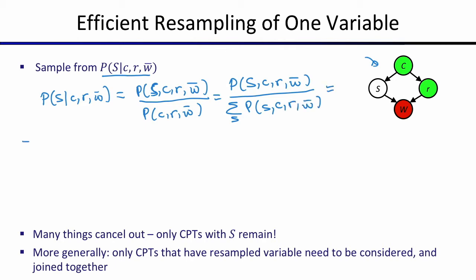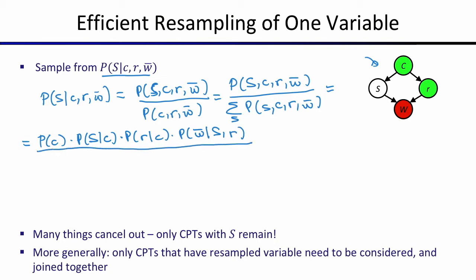We now are in position to expand this according to the chain rule of the Bayesian network. So we know that it is going to be the probability of the little c times the probability of the big S given the little c times the probability of the little r given the little c times the probability of not w given the big S and the little r.